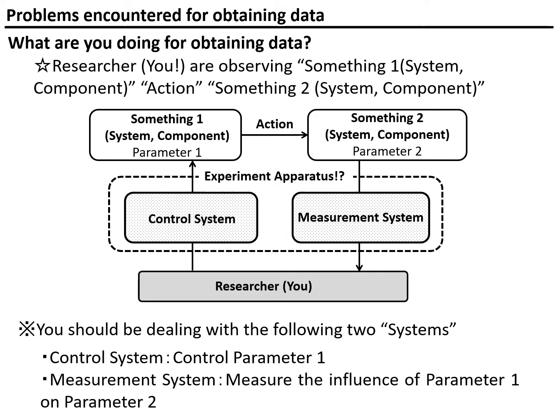So you need a control system and a measurement system to perform this activity of obtaining data. The objective of the control system is to control parameter 1, and the objective of the measurement system is to measure the influence of parameter 1 on parameter 2.